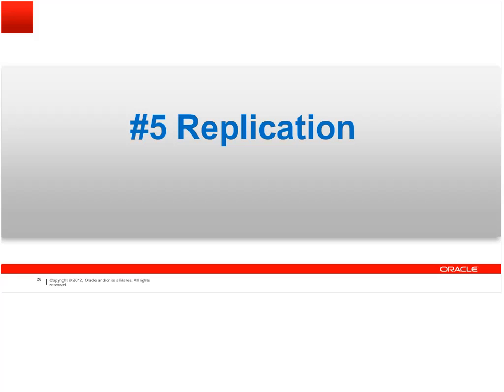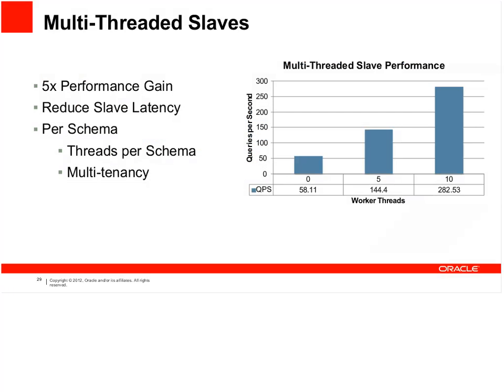The other pain point is crash recovery. So if you crash and then you start back up, you're probably used to getting errors that say, it's trying to repeat a duplicate key error because it's trying to repeat an insert that it already got from the master. So multi-threaded slaves is the first feature.